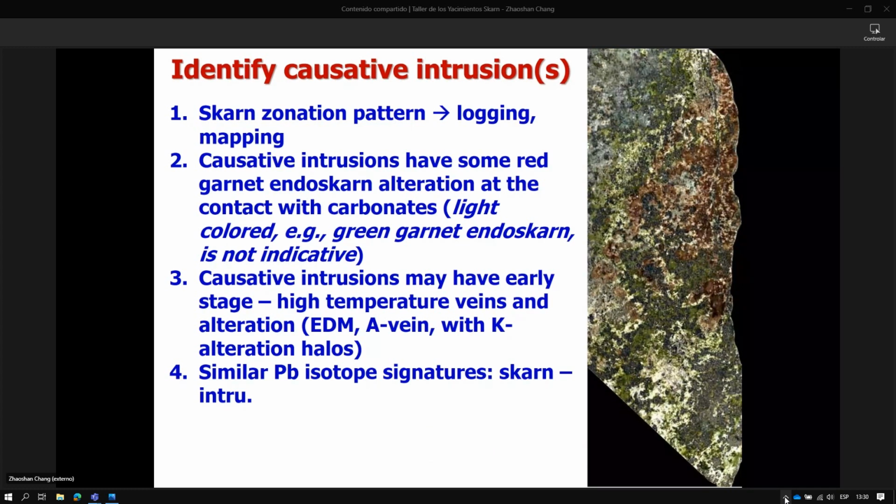The causative intrusion may or may not have early-stage high-temperature veins, like EDM veins and A veins. If you have both skarn and those veins, your confidence level is higher. Some other methods, if you really run out of other methods, could be good. Again, this is not very reliable. It works okay, but it has to be relevant.